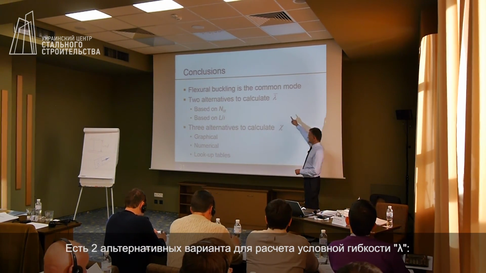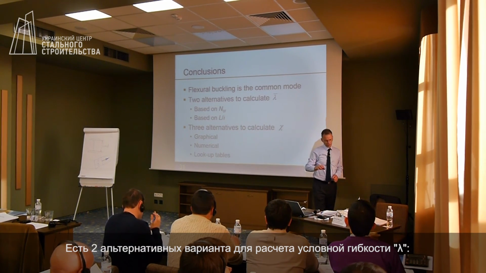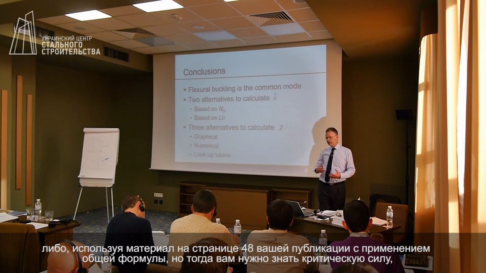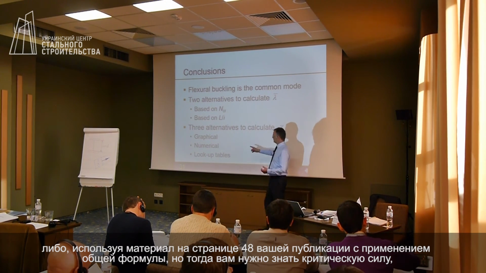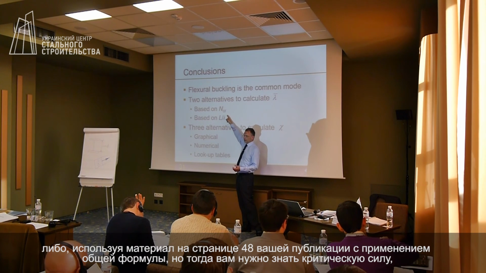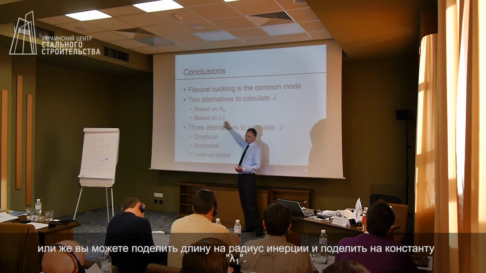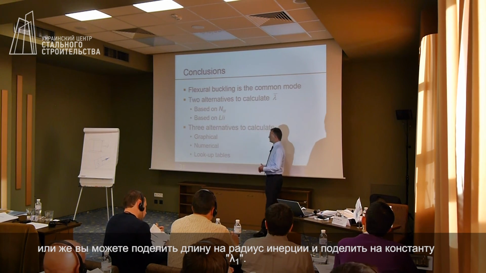There are then two ways to calculate lambda bar. They're in your guide on page 48. You can either use the general expression, you need the Euler buckling load, or length divided by radius of gyration divided by that constant lambda 1.